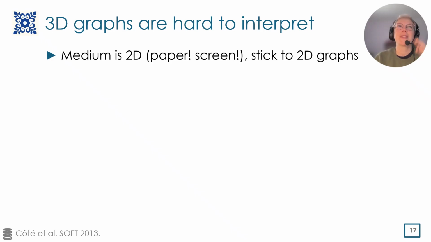So what do we do? Well, 3D graphs are hard to interpret. The medium we have is 2D. It's a presentation screen, it's a paper, a poster that's printed. It's a 2D medium. So just stick to 2D graphs.